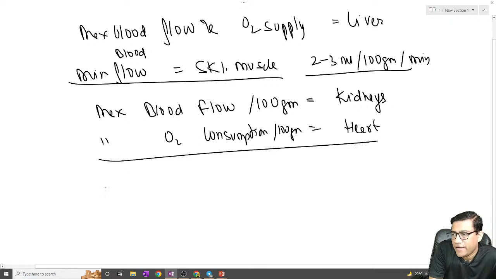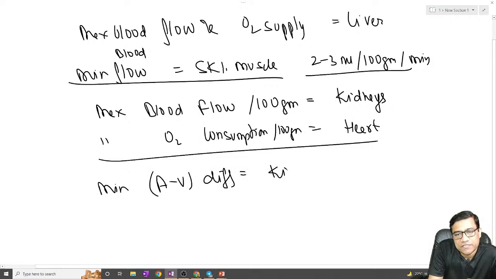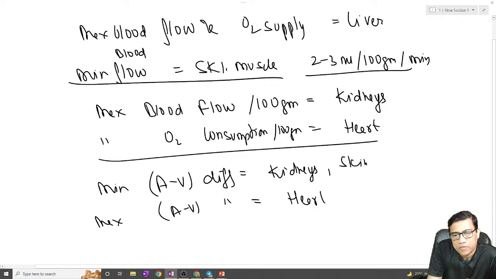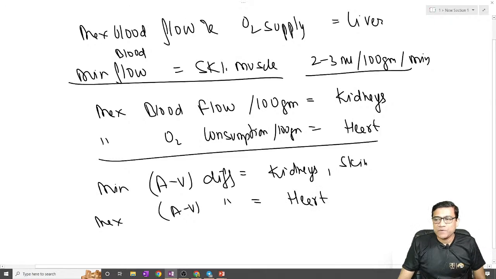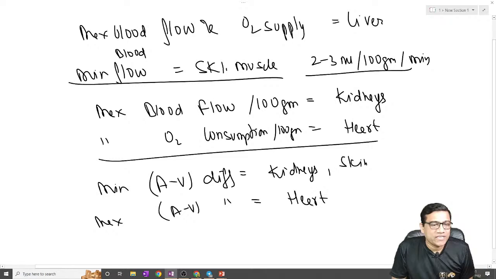Okay. And minimum AV difference is kidneys, then skin. And maximum AV difference, it is your heart. Because heart gets very less blood, 250 ml, so it extracts the highest oxygen from there.